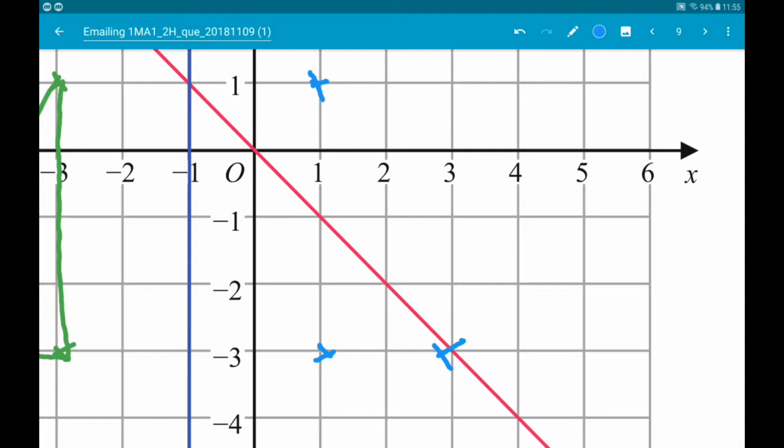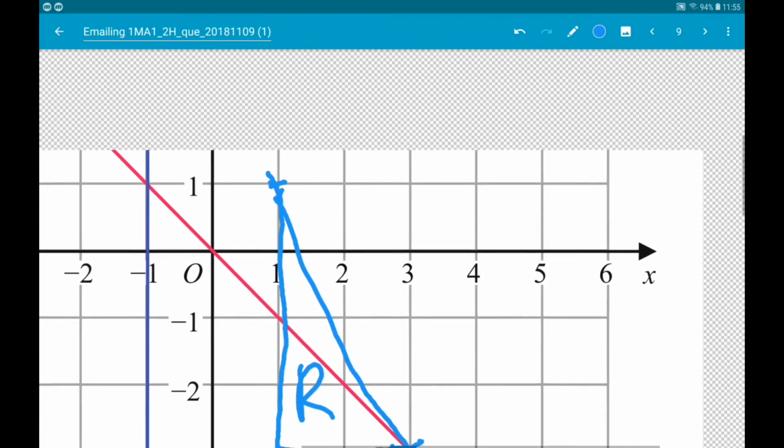So this is terrible. Let's try that again. Okay, so that is triangle R.